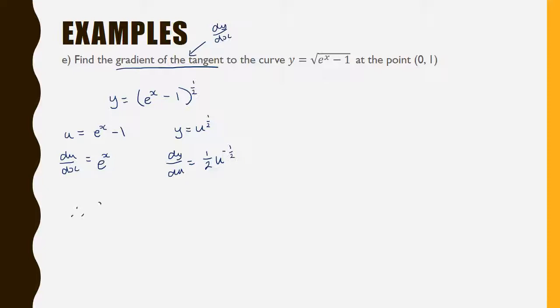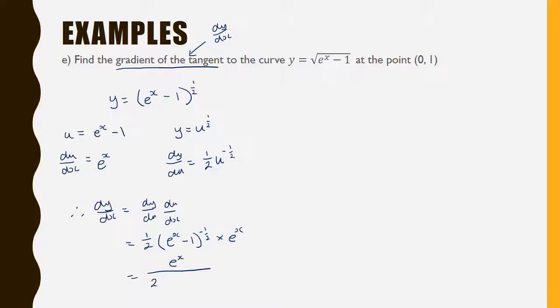So therefore, what we get is dy dx equals, our chain rule is dy du multiplied by du dx. Instead of dy du, we have 1 over 2 of u to the power of negative a half. Instead of u, I'm going to write e to the power of x minus 1, to the power of negative half, multiplied by e to the power of x, which we can write with positive powers.